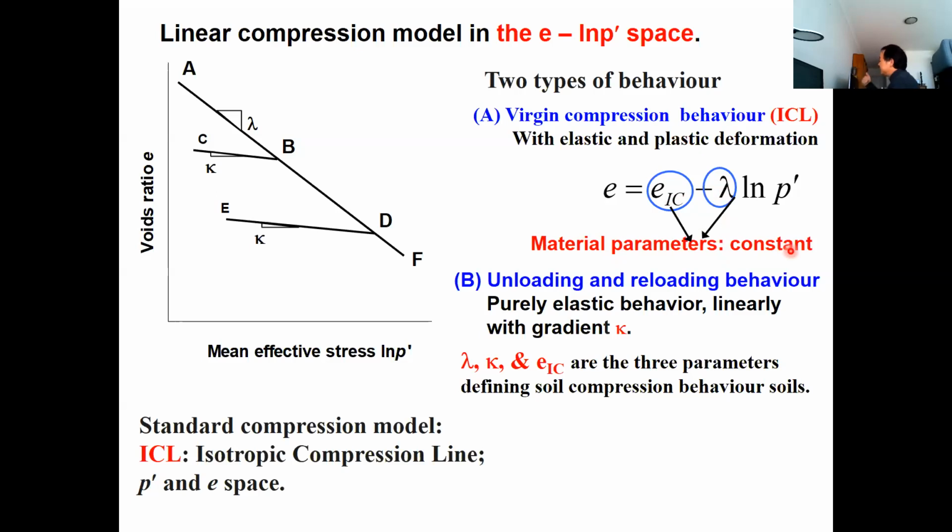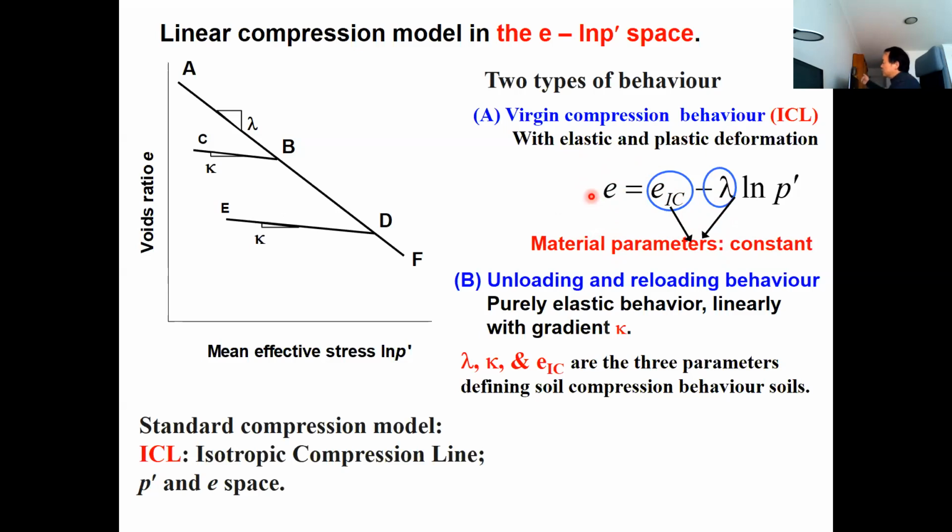For one given soil, it is the same, just like Young's modulus for steel is the same, and Young's modulus for aluminum is the same. So if you can determine the model parameters e_IC and lambda, you can predict the void ratio. Okay?